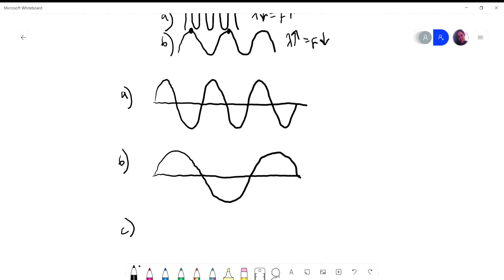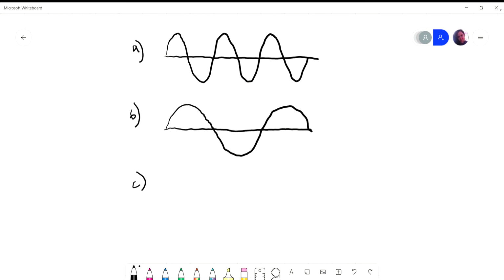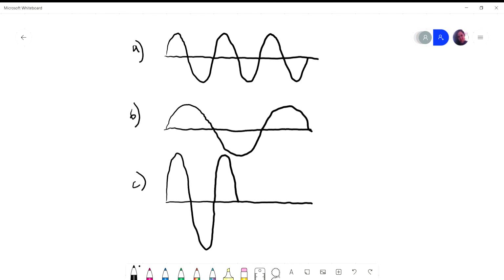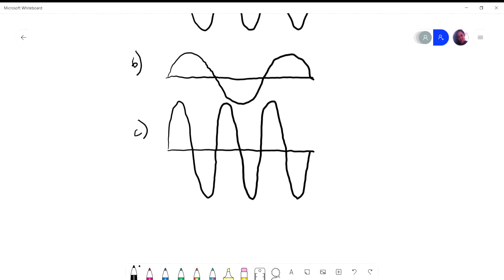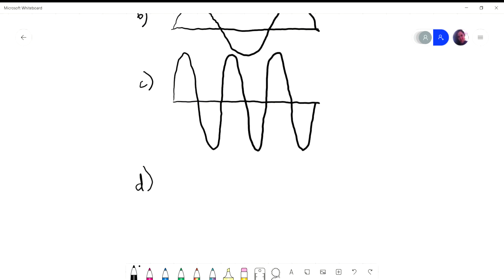C. Oh, stop moving. C is going to be C. D.